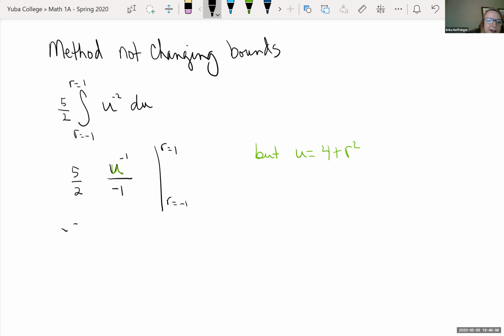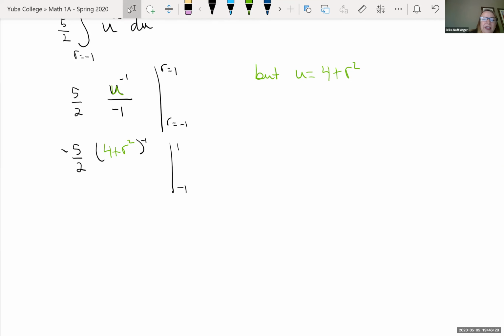So it's -5/2 all times 4 plus r squared to the -1. And we're going to look at this from -1 to 1. I guess I could bring this down to the denominator if I wanted. Does it help me? It doesn't really matter, does it? So we have -5/2.